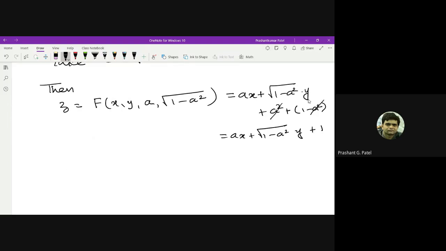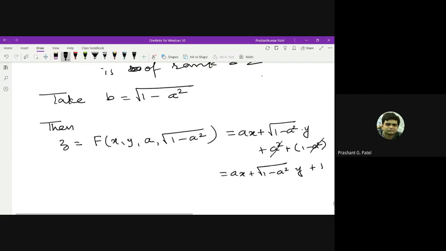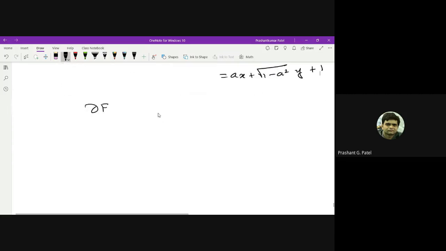Now we need to eliminate a from this and find out what is the value of a and substitute here. That gives you a particular integral. This is the general integral because we have substituted the value of b. Now let us calculate Fa, that is del F upon del a, the derivative of this with respect to a.